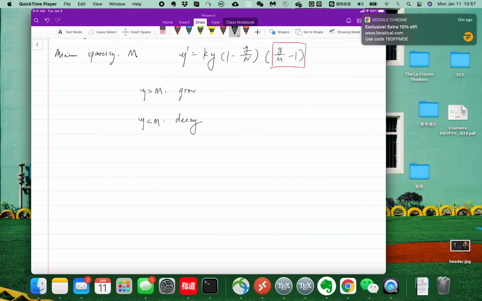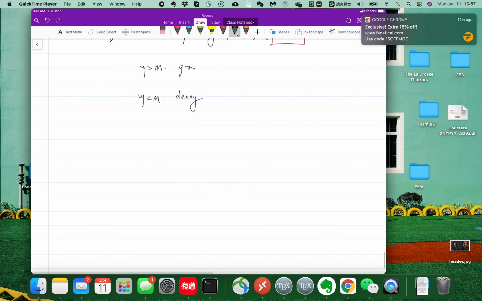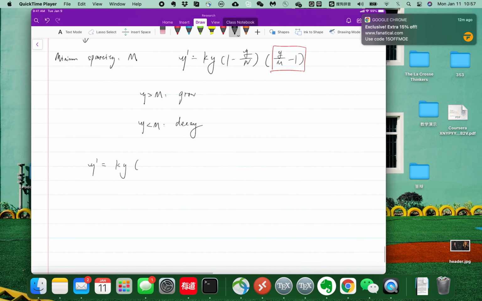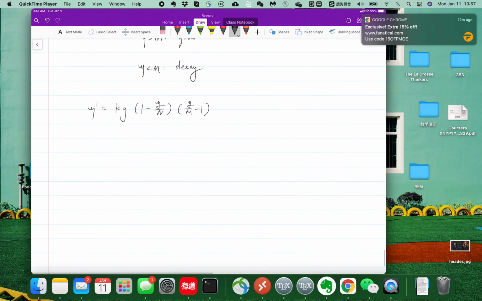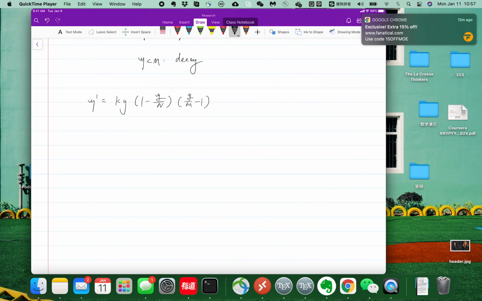Below that, you just simply die out. Okay, that's modified. Can you solve it? Technically, it is separable, so you can. Of course, we don't want to do it. But really, just analyze it.